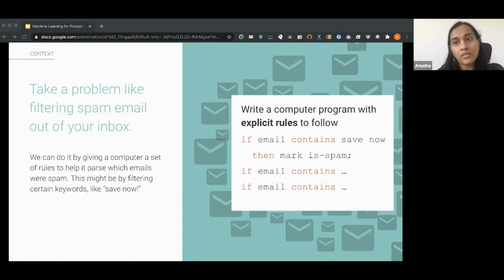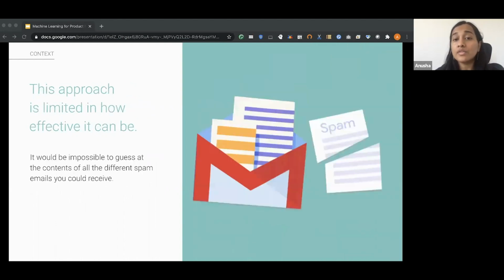Even as we are talking through this, you are able to realize how limited and how ineffective this approach can become. Not all spam is the same. It would be impossible for us to develop rules to guess at the contents of all different spam emails you could receive. And sometimes this approach can filter out important messages unintentionally marked as spam.